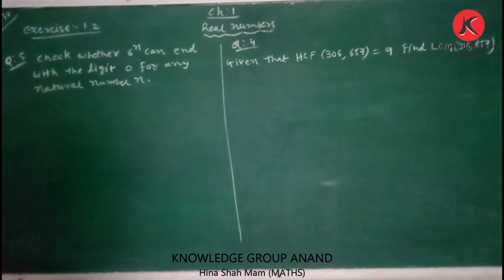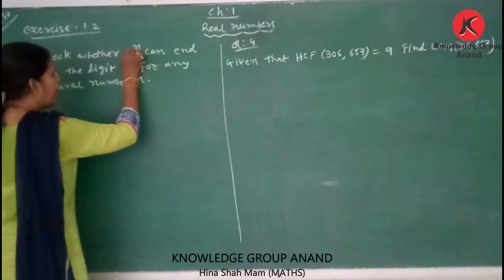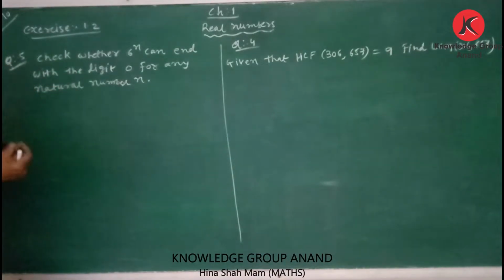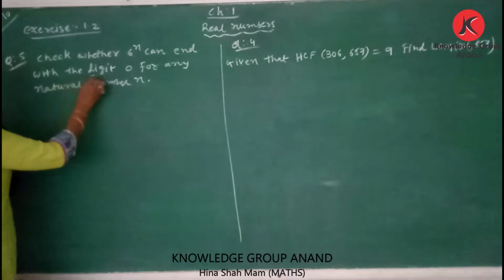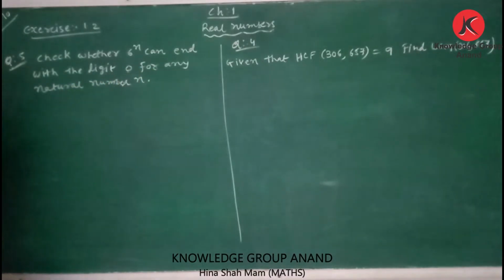Now question number 5. Check whether 6 raised to n can end with digit 0 for any natural number n. Here we have given 6 raised to n. It can end with digit 0, and that means its unit digit is 0, for any natural number n.